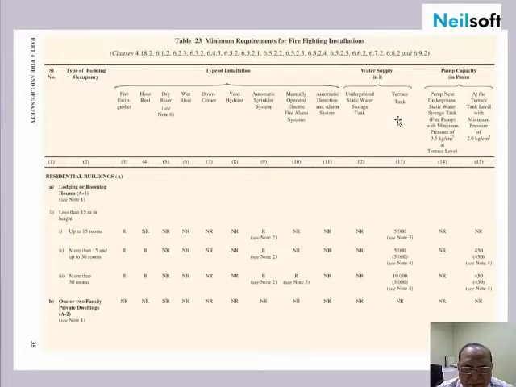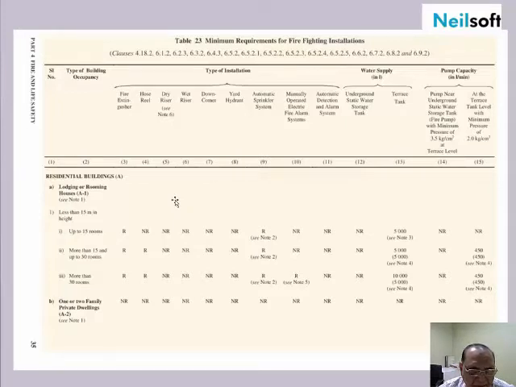What we see from here, there are certain notations written over here. R stands for required, NR for not required. These remarks or notations are against the subdivision of the occupancies.